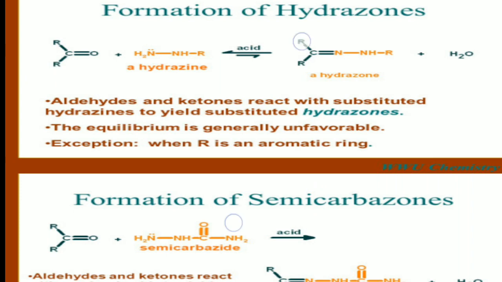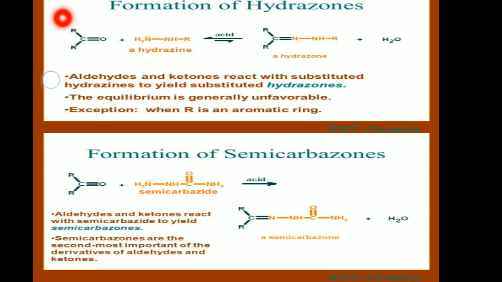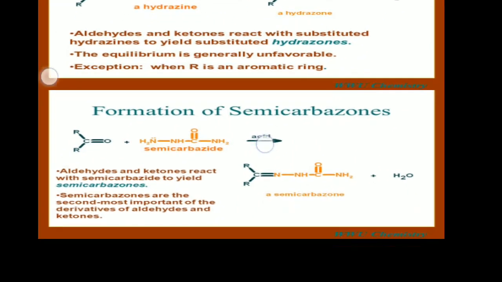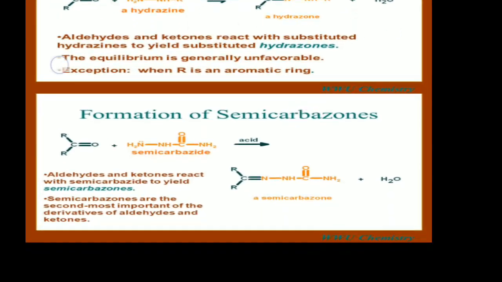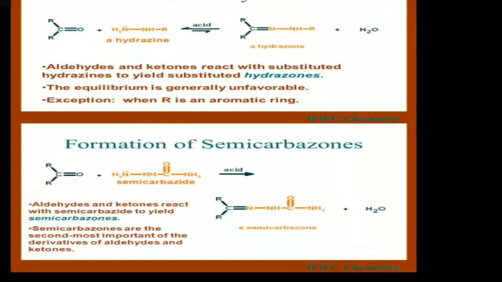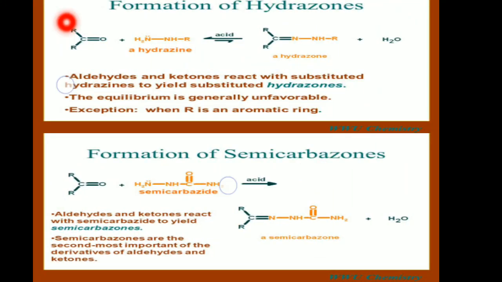Next, another item is formation of semicarbazones. NH2NHCONH2 is called semicarbazide, which produces a compound known as semicarbazone when it reacts with aldehyde or ketone, like this way, in the presence of acid.